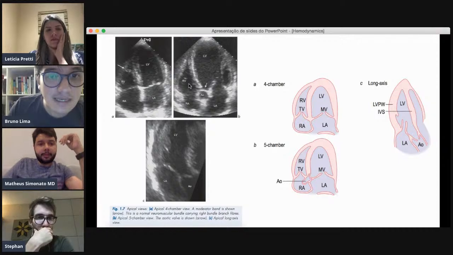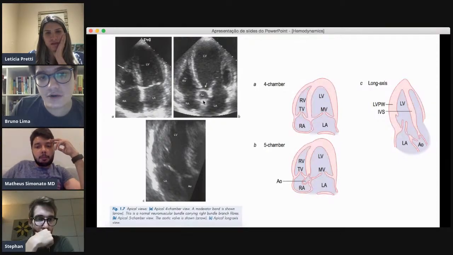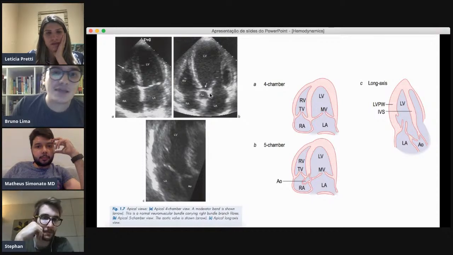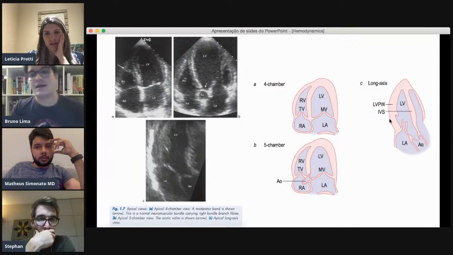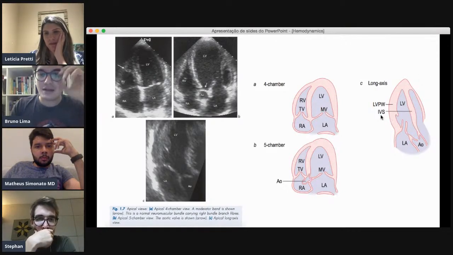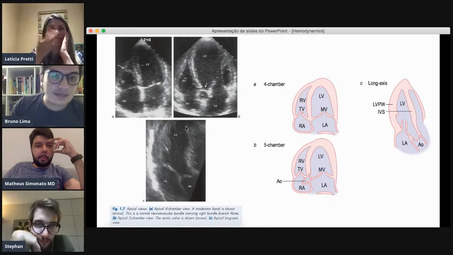And if you angulate the probe a little bit upwards, you're going to see the aortic valve here. This is the apical 5-chamber view, okay? And if you turn the probe about 90 degrees, you can get the apical 2-chamber view. Okay, so you're going to see the aortic valve, the left atrium, the left ventricle.